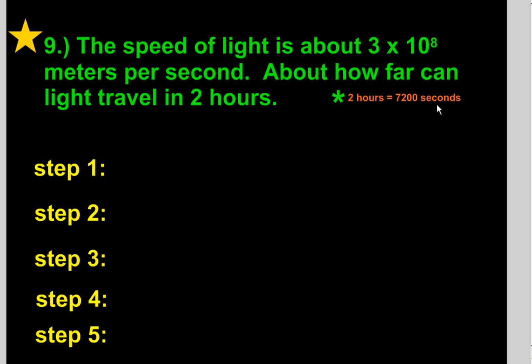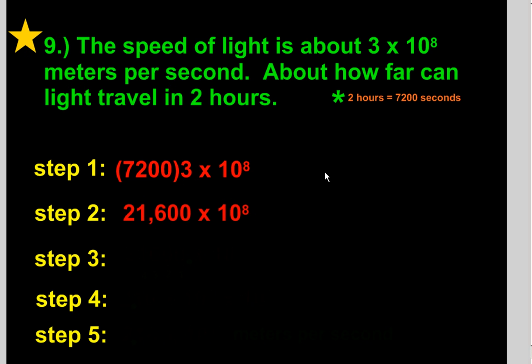So 7,200 is the number we're going to want to work with, not 2 hours. So let's set up our problem. We have 7,200 that we're going to multiply by 3 times 10 to the 8th. And if you multiply 3 times 7,200, you're going to get 21,600, and we bring down times 10 to the 8th.